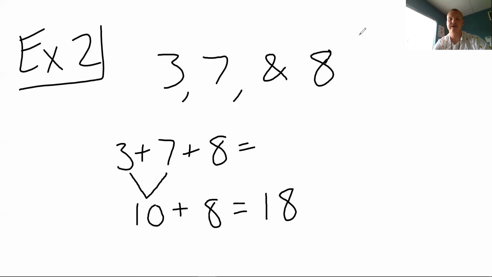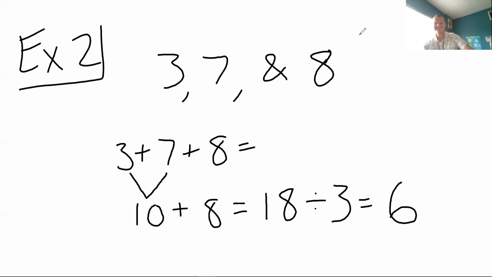And then what are we going to divide it by? How many total numbers are there, Grace? 3, yep. So 18 divided by 3 is going to be 6. I was doing an upside down 6.